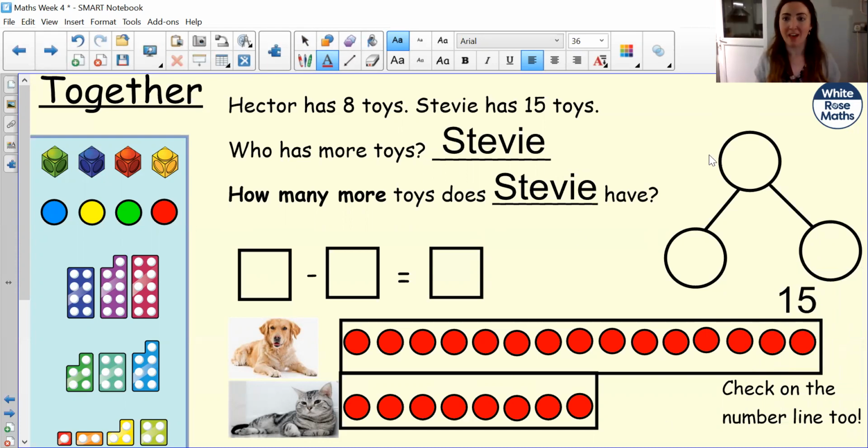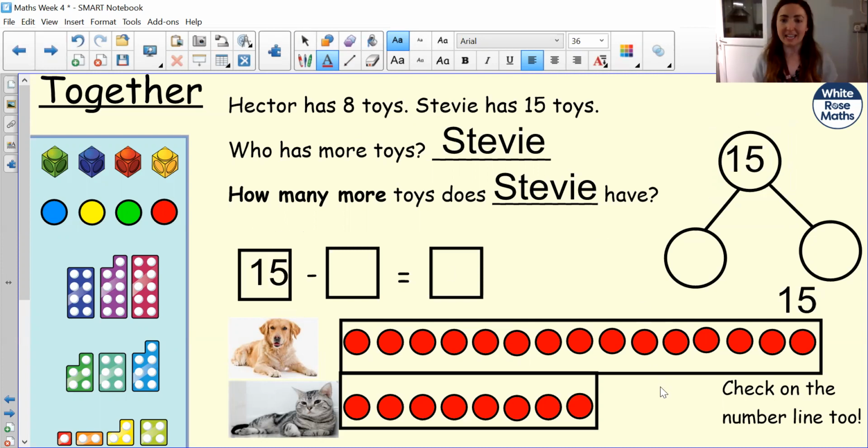So we know that the whole number is 15 because when we're finding the difference, we start with the bigger group and subtract the smaller group. So 15 is the whole number. And we're going to start our number sentence with 15.